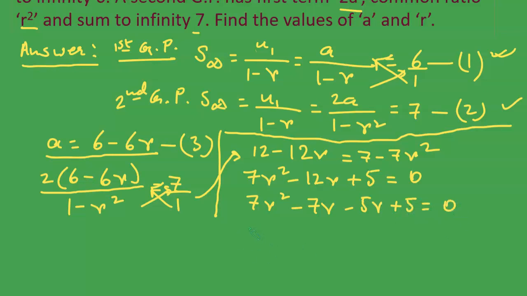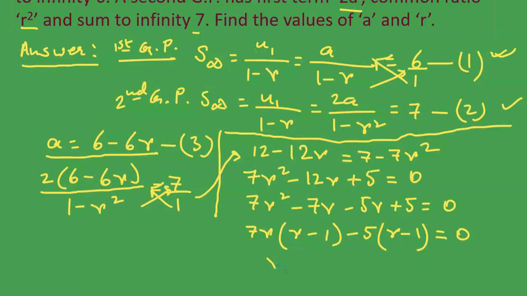Okay. And 7R, R minus 1 (sorry, not 7 but 1), and minus 5, R minus 1 is equal to 0.